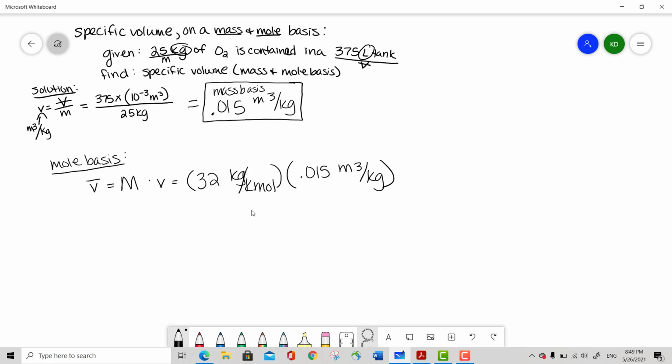And this is that of O2, because that's what was given right here, equals 3.82 meters cubed per kilomole. Okay, and we've denoted mole, but we'll do mole basis.